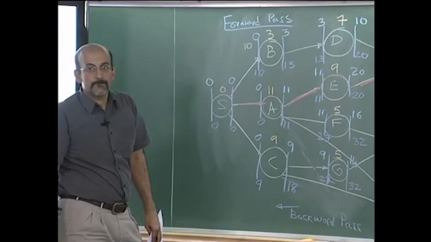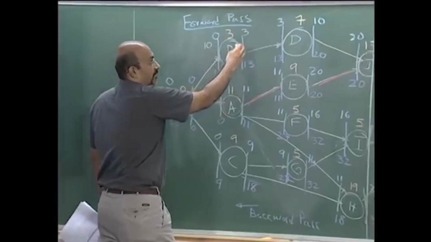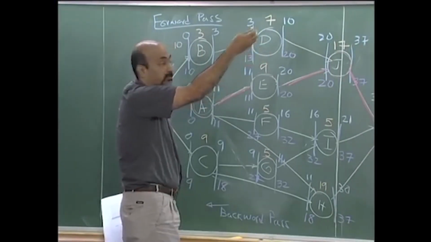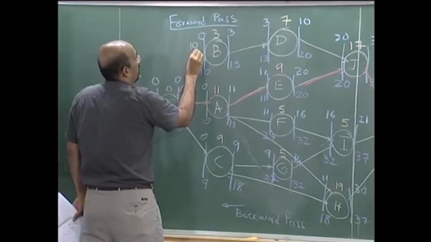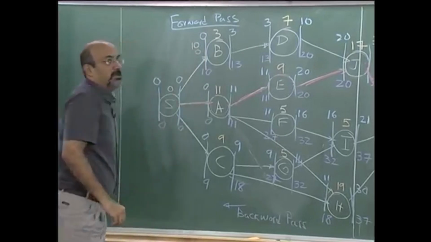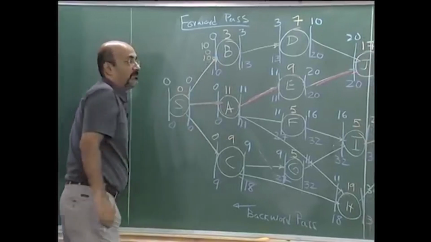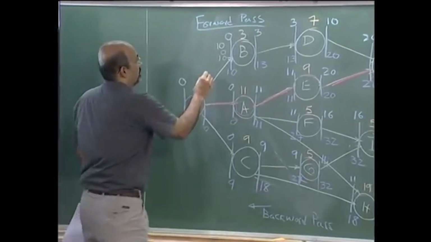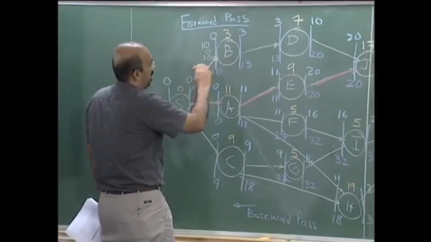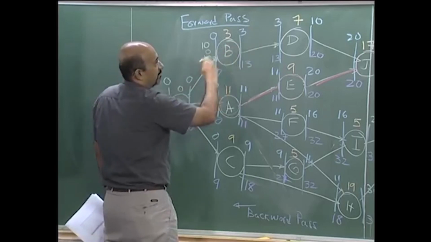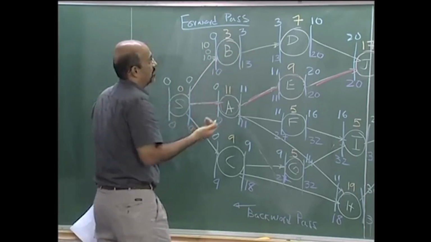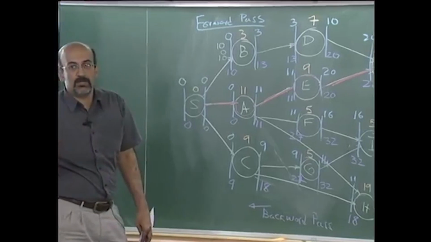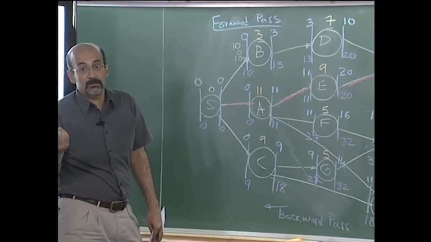Any delay in B will affect D. So there is no free float, I'm putting free float as 0. What about interfering float? 10. Any independent float? 0, because any change here will affect B. If you want to apply a formula for independent float, what is it?